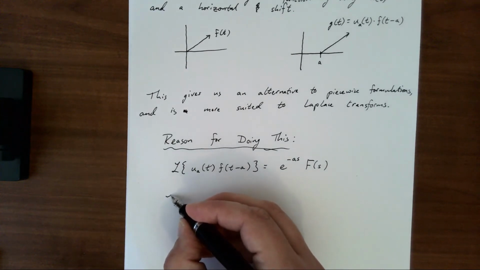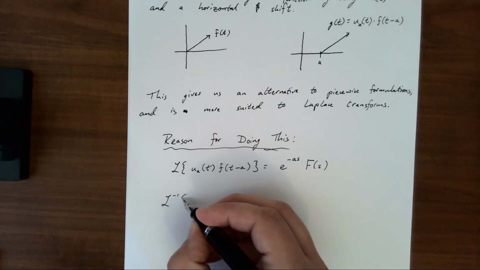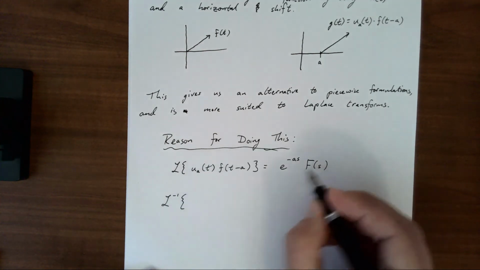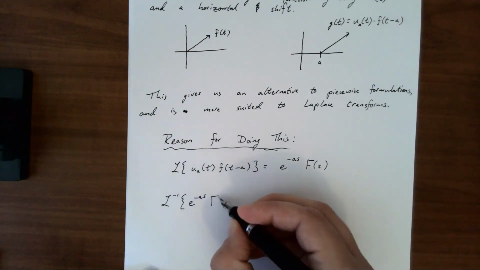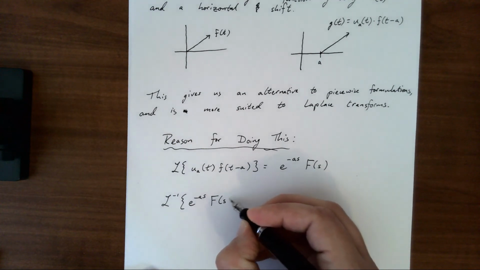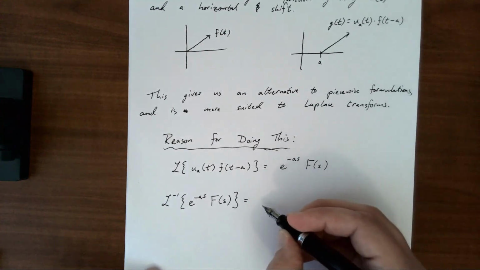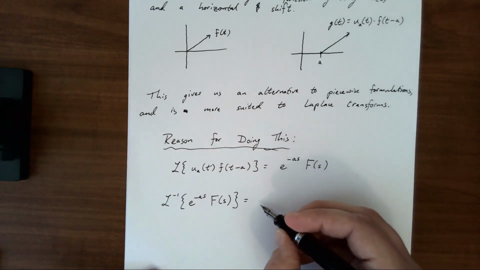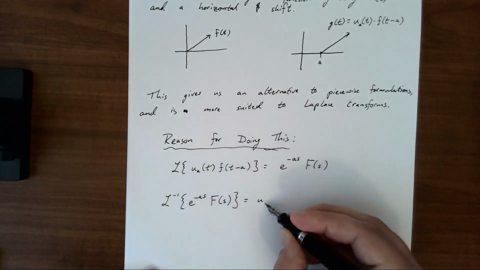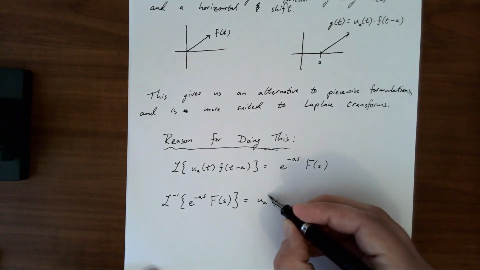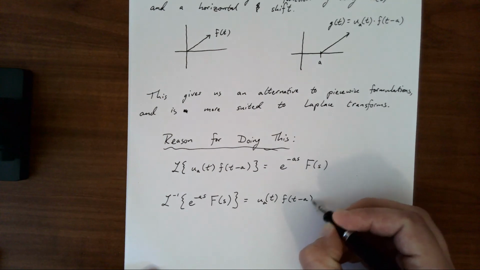And then the reverse side of this same process is that if we are taking the inverse Laplace transform of something that looks like what we have on the right here, the inverse Laplace transform of e to the negative as F of s, then that will just be the thing that we have over here. So u sub a of t, f of t minus a.